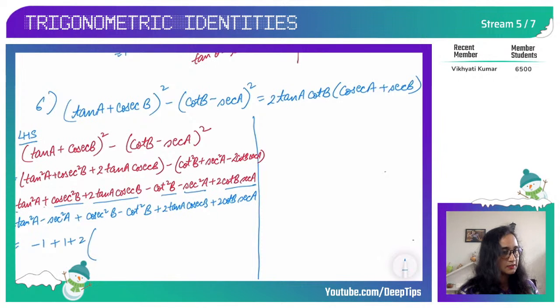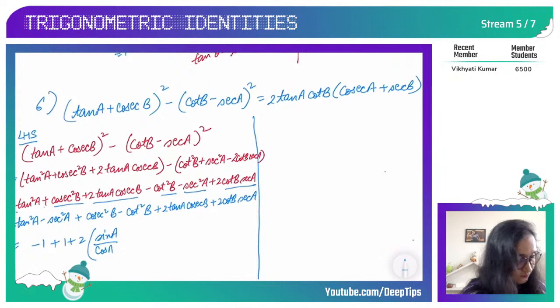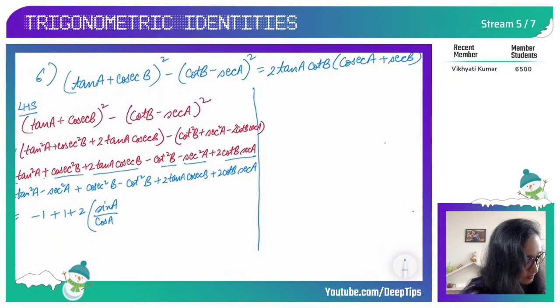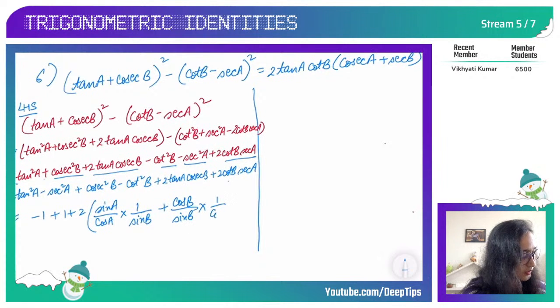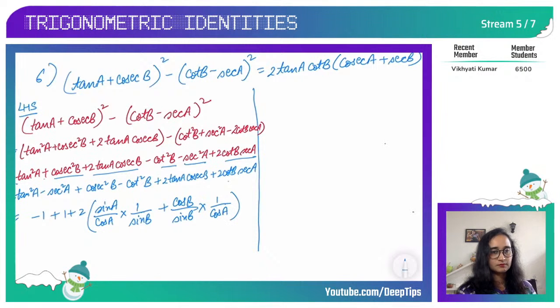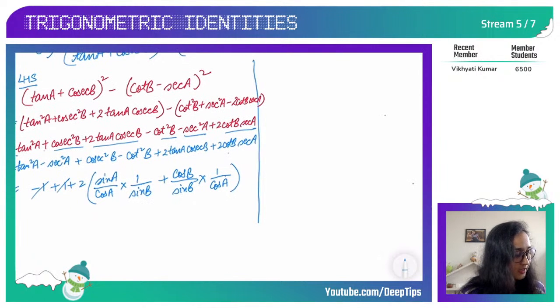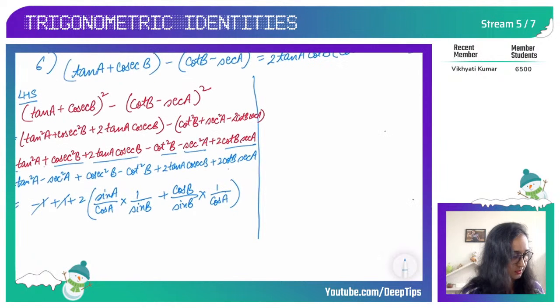Now I know tan A can be written as sin A by cos A, and cosecant B can be written as 1 by sin B, plus cot B can be written as cos B by sin B, and secant A can be written as 1 by cos A. Now these ones get cancelled, minus 1 plus 1, but I can see something good happened: cos A, sin B, cos A are the same.